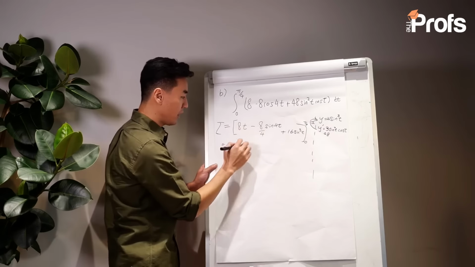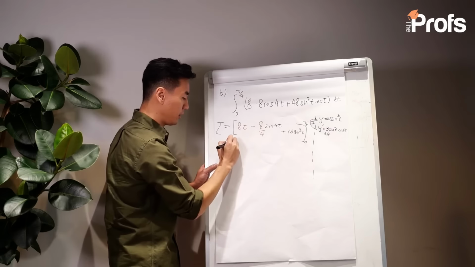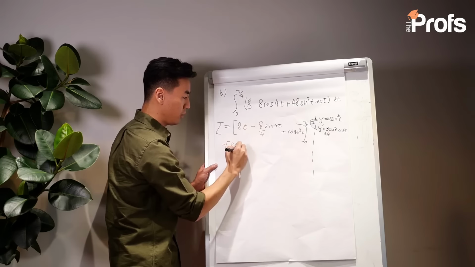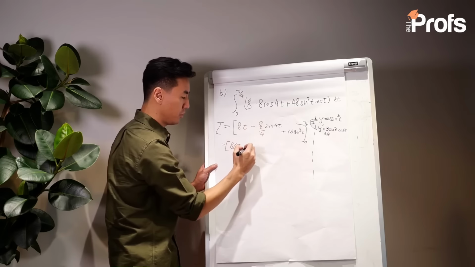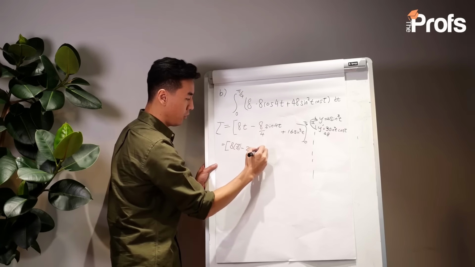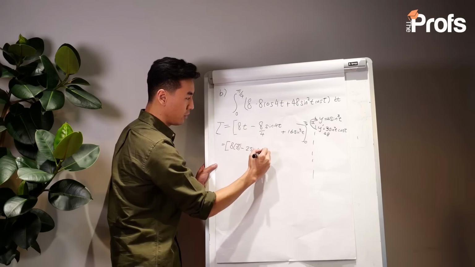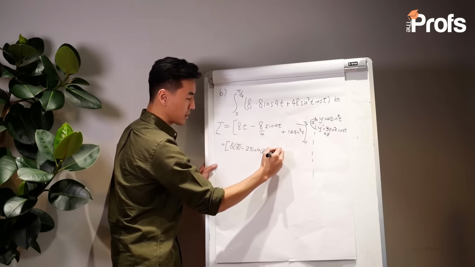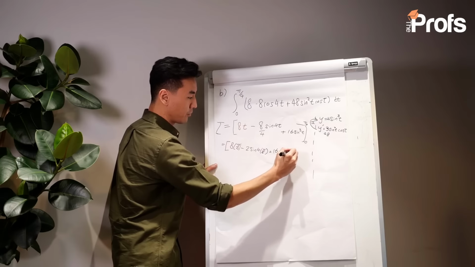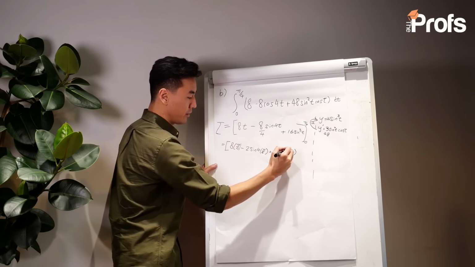So if I replace the pi over 4, I get 8 times pi over 4 minus, 8 divided by 4 is just 2, so 2 sine 4 times pi over 4, plus 16 sine pi over 4 to the power of 3.